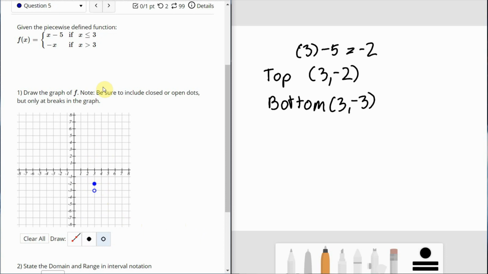Now I can look at the slope and/or y-intercept to find a second point for each expression so I can finish the graph. For the top expression, because it has the domain restriction x is less than or equal to 3, it includes x equals 0, which is on the y-axis. This means I can use the y-intercept of the top expression as a second point.